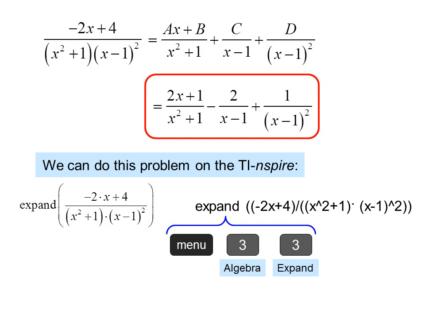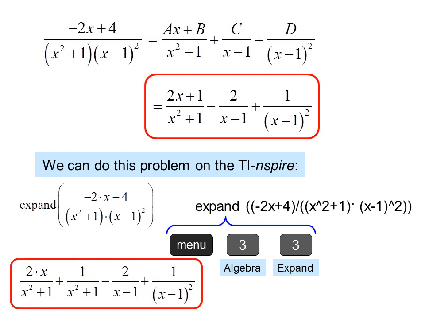And we can format this either way. We can either format it in the traditional way with fractions, or all on one line with parentheses. Either way we get our answer.